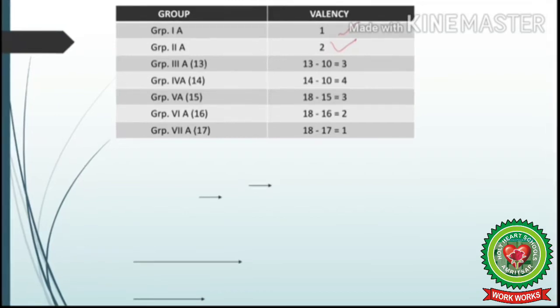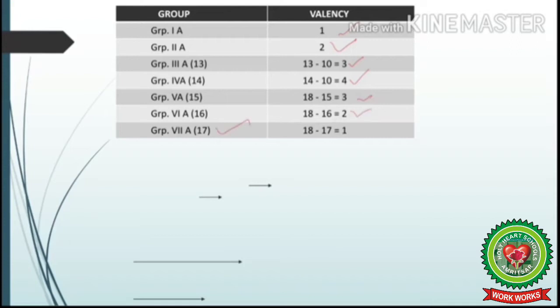But for group 13, the valency will be 13 minus 10 is equal to 3. Similarly, for group 14, the valency will be 14 minus 10 is equal to 4. For group 15, it will be 18 minus 15 is equal to 3. For group 16, it will be 18 minus 16 is equal to 2.